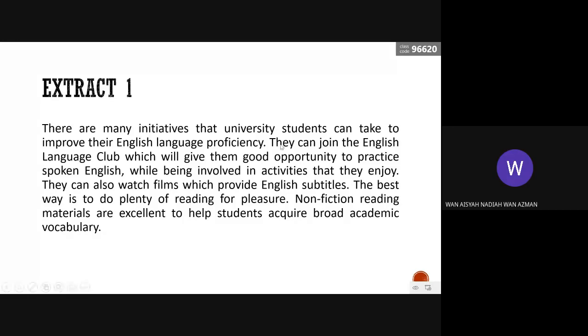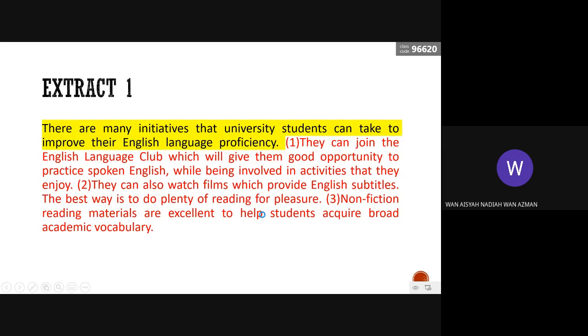So the first one would be this one, they can join the English language club, up till here. And then we have the second supporting detail, which is they can also watch films which provide English subtitles. The third supporting detail would be the best way is to do plenty of reading for pleasure.